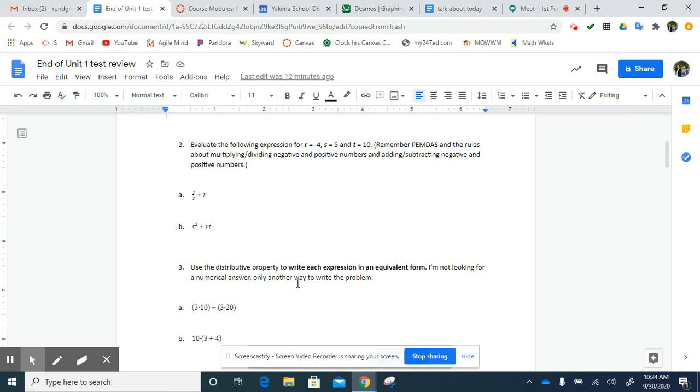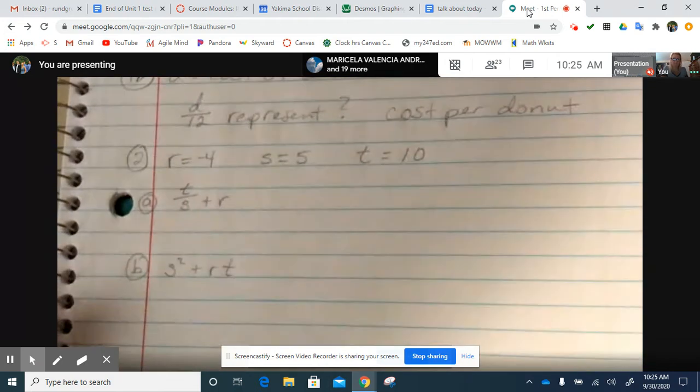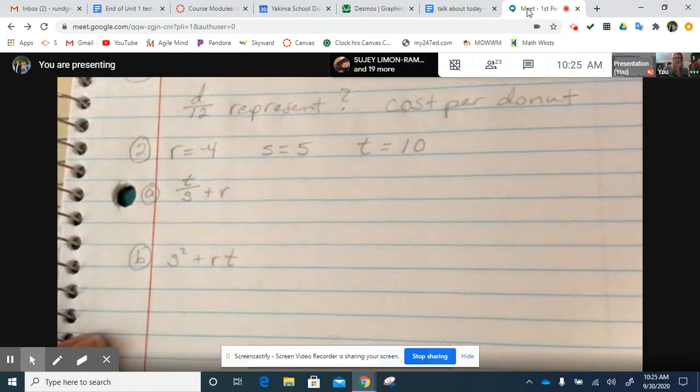And then for B, it says S squared plus RT. It's an S squared.